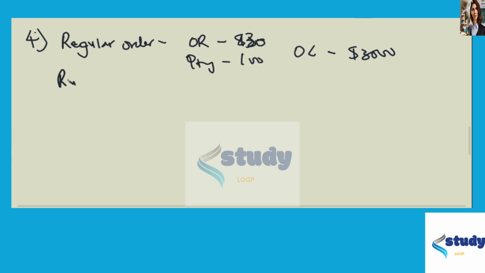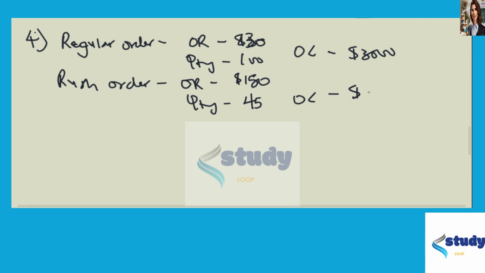The rush order, the overhead rate is 150, the quantity is 45, and the overhead cost is 6,750.